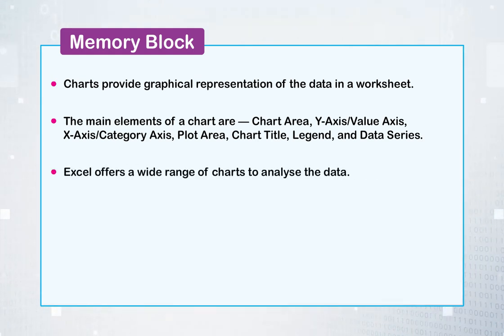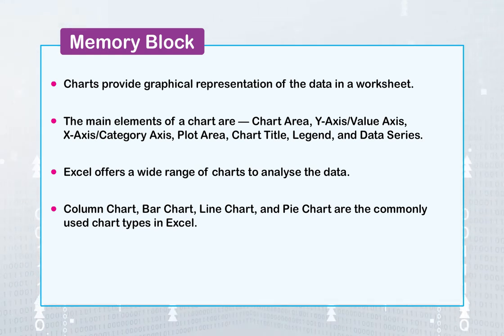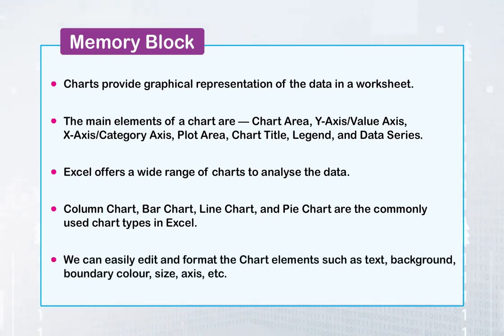Excel offers a wide range of charts to analyze the data. Column chart, bar chart, line chart, and pie chart are the commonly used chart types in Excel. We can easily edit and format the chart elements such as text, background, boundary color, size, axis, etc.